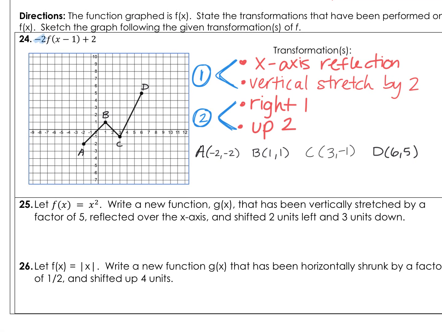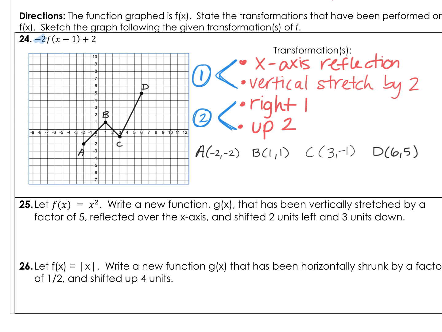Here's how I like to do this. So because your multiplication has to happen first, when I multiply by a negative, it's going to flip it over to the other side. These things are both, since they're out in front, is it horizontal or vertical? Out in front. That's vertical. So that means you're going to multiply your y values by the -2 because it's a vertical thing.